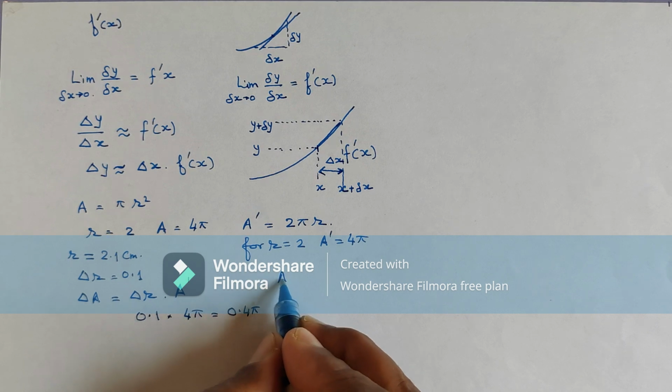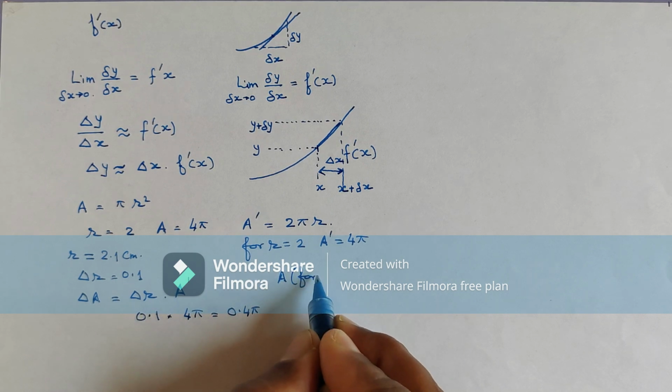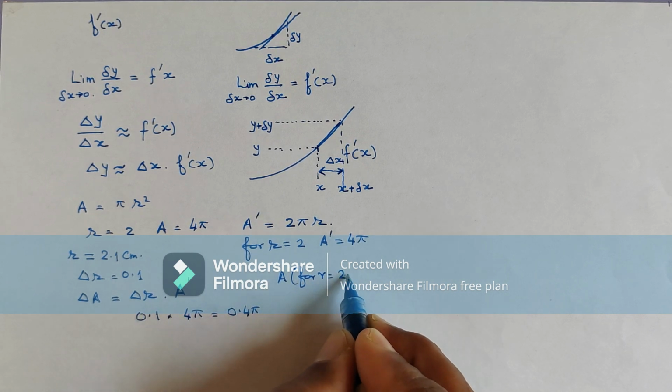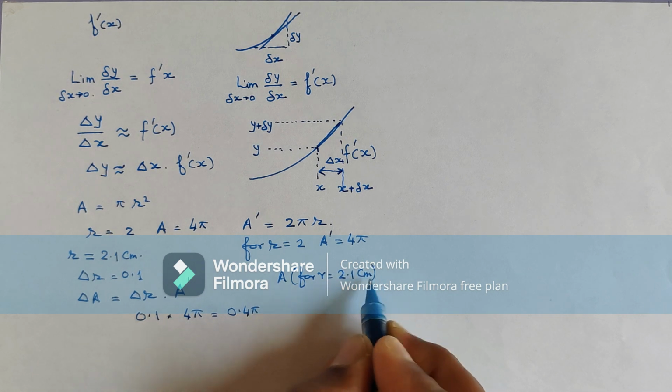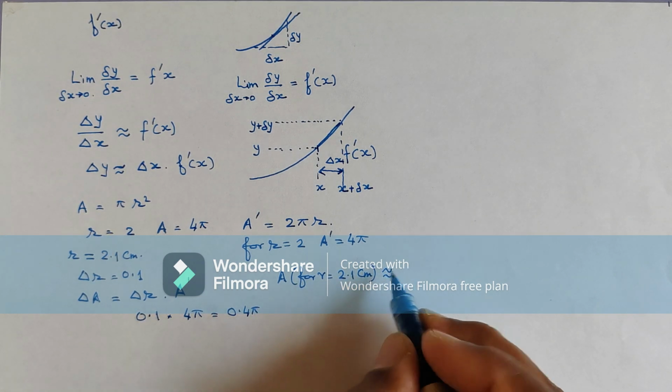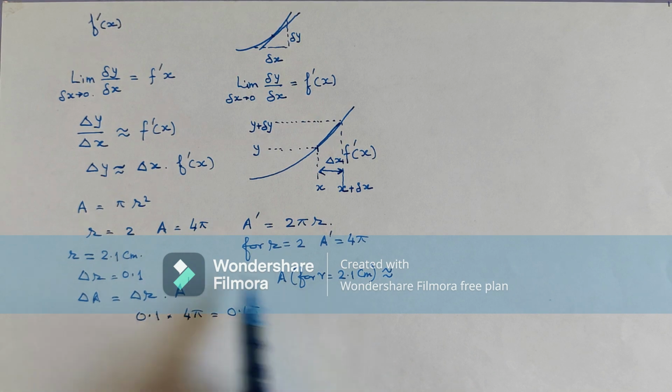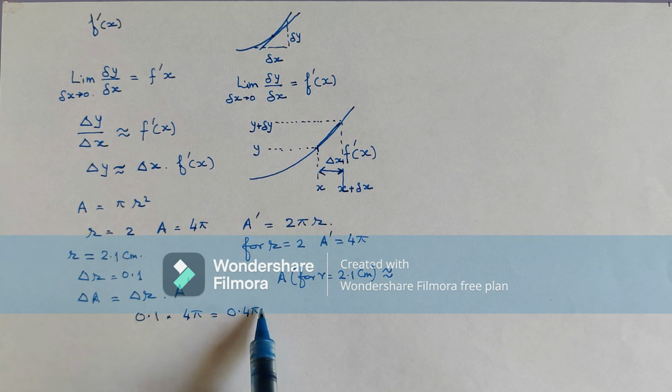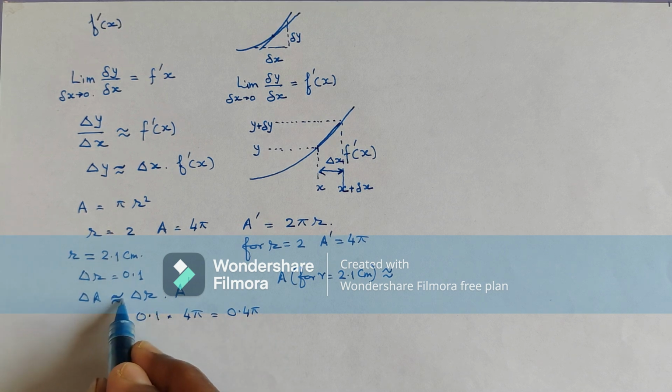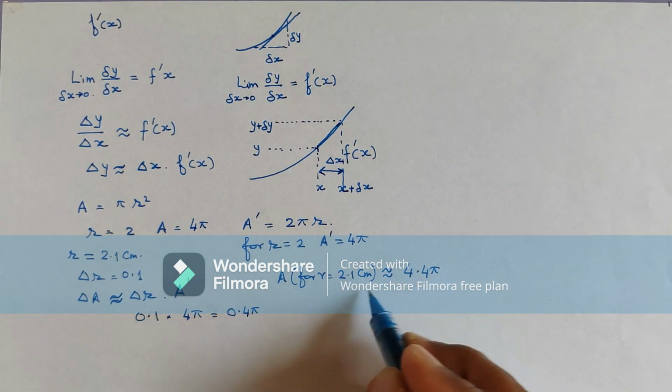So area for r equal to 2.1 centimeter will approximately be the area at 2 centimeter, which was 4 pi, plus this approximate delta A, 4.4 pi.